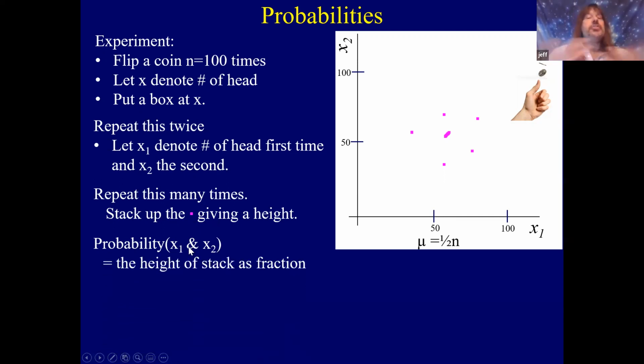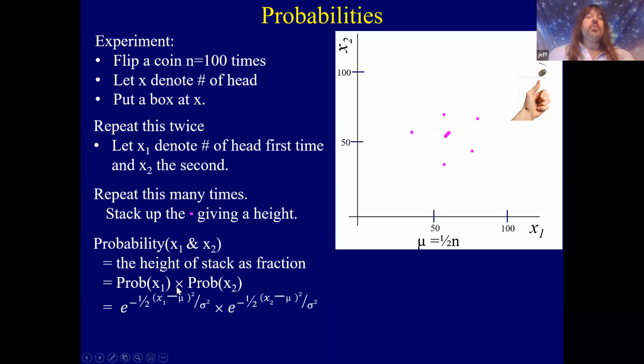Well, because these 2 events are independent, it's the stack of height we have here. It's the height of this thing. And because of independence, it's the probability you get x1 heads the first time times the probability you get x2 heads the second time.